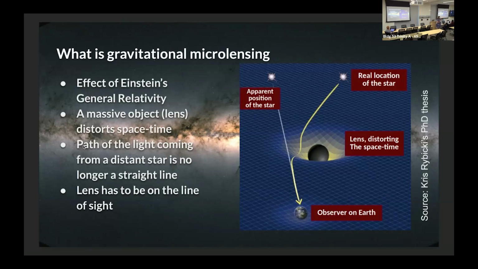Because it's massive, it distorts space-time, and the image of the source, instead of being a single object, becomes split into 2 or more images. And on Milky Way scales, when the lens is moving in and out of line of sight, it creates a very characteristic bell-shaped curve.